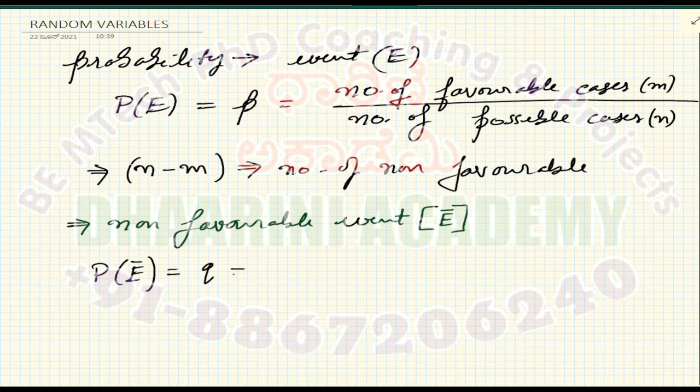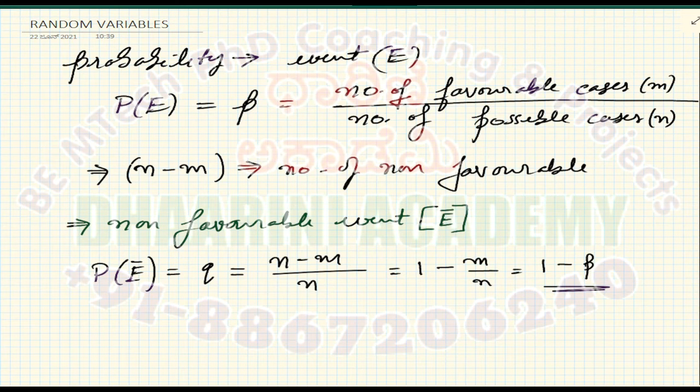This q is equal to n minus m, my mistake, n minus m over n, which I can write as 1 minus m by n. So I know that q is always 1 minus p. It's also a well-known fact that p plus q equals 1. All these things we know.